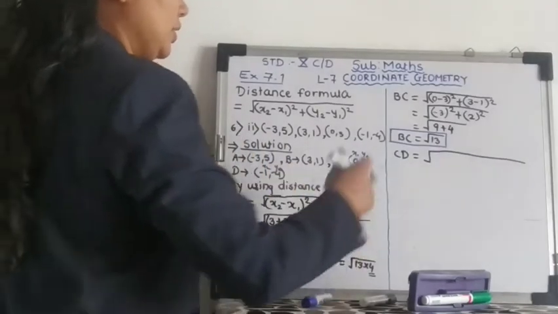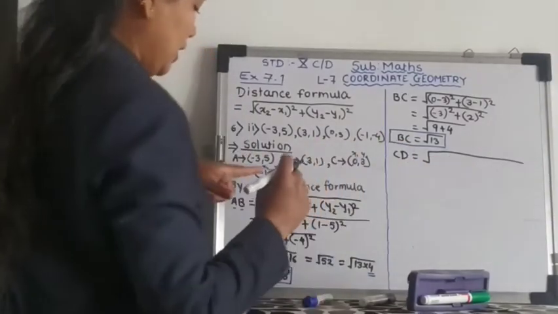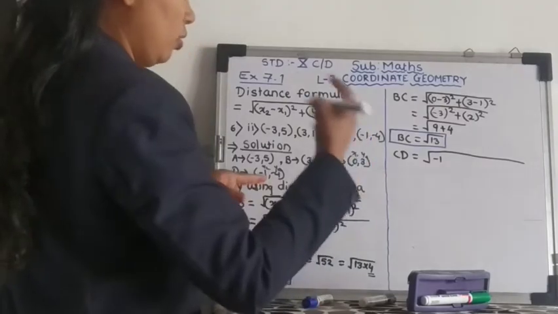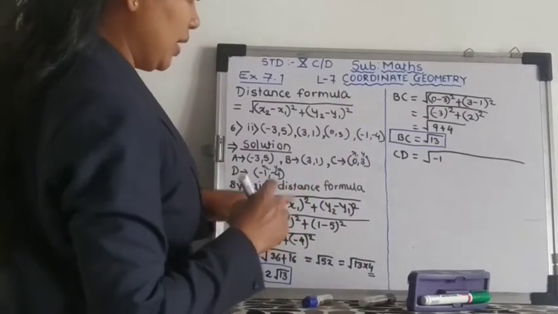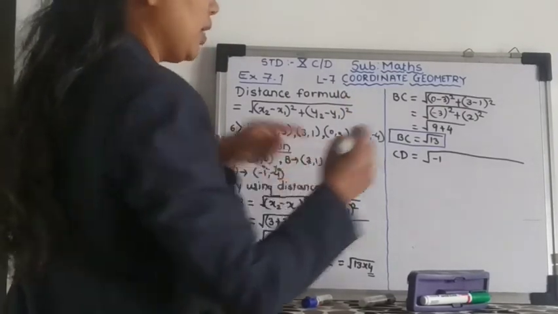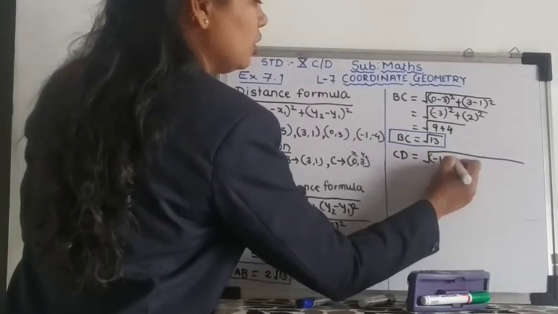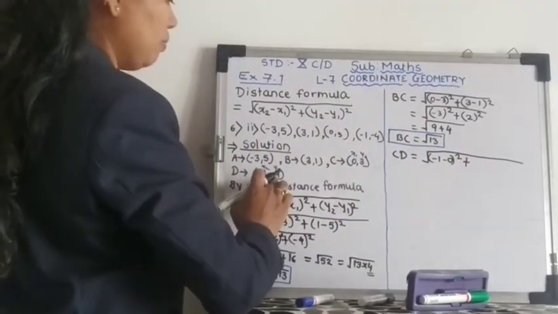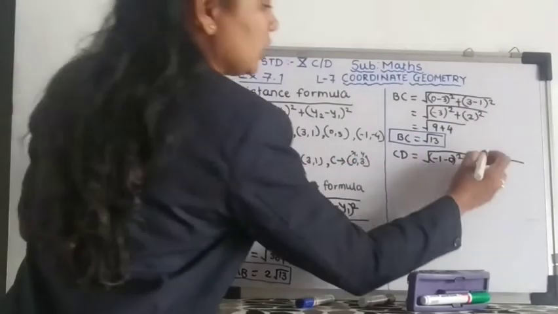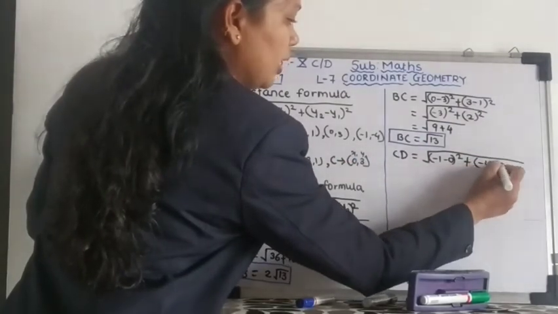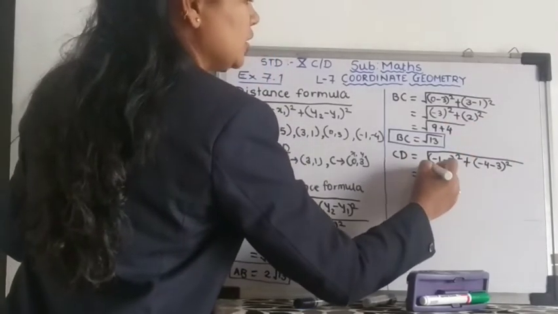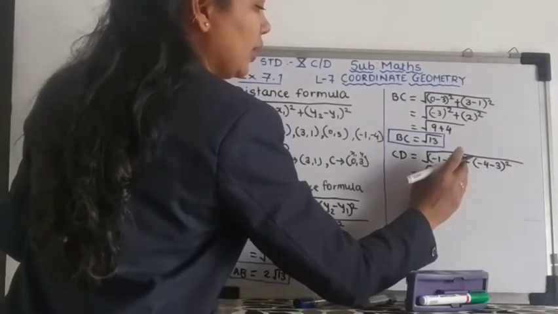So let us find CD. x2 is minus 1, so we'll write minus 1, then the formula already has a minus sign. So minus 1 minus 0 bracket square plus y2, which is minus 4, and y1 is 3. So we'll write minus 4 minus 3 square. Don't change their places while writing y2 and y1.